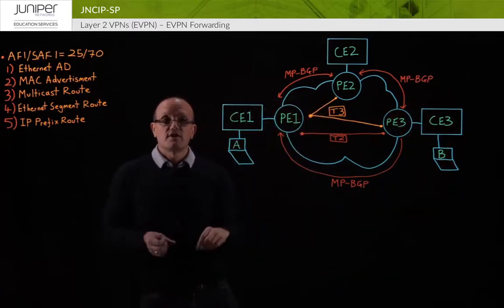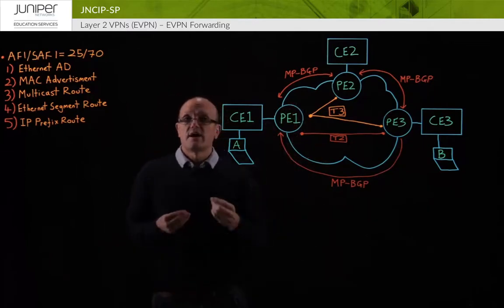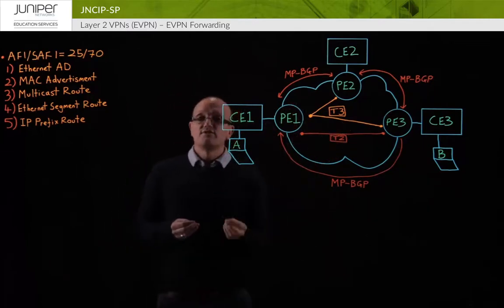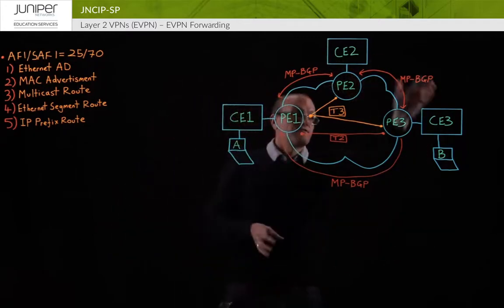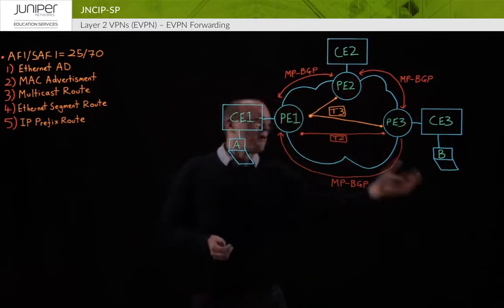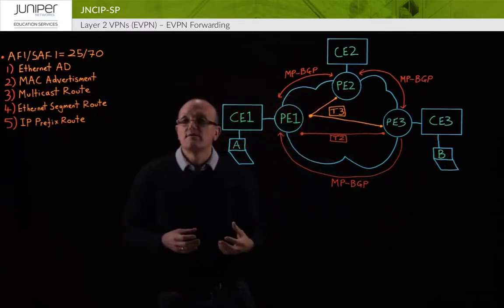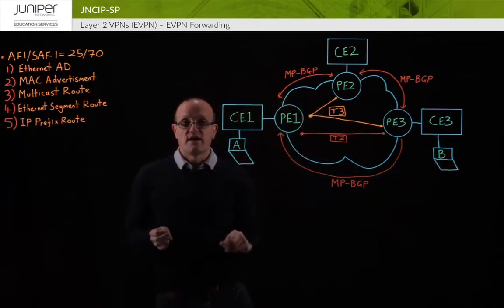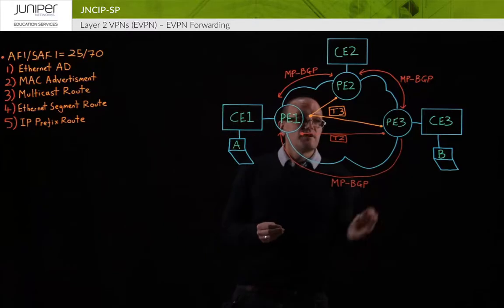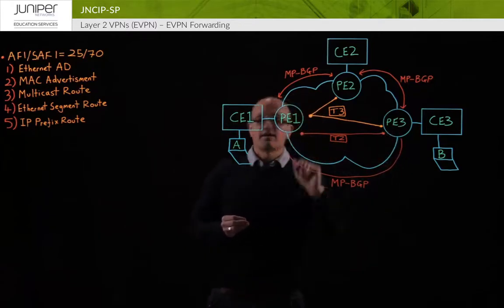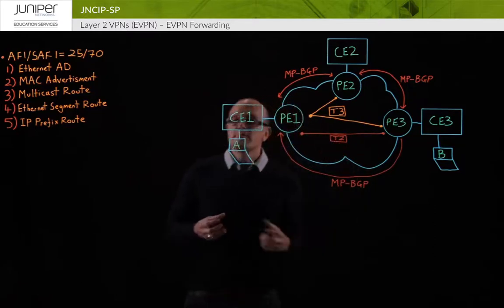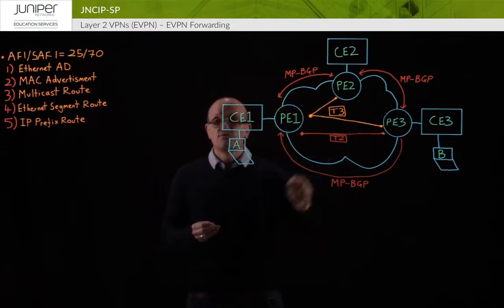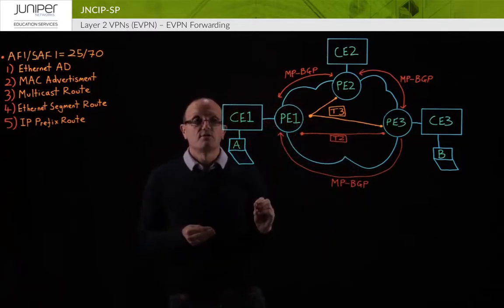As well as this flooding going on, PE1 has used a type 2 route to advertise MAC address A to the rest of the network. Host B is now likely going to reply to host A. He can do this immediately via unicast because we have the MAC address learnt from the type 2 route advertised by PE1.